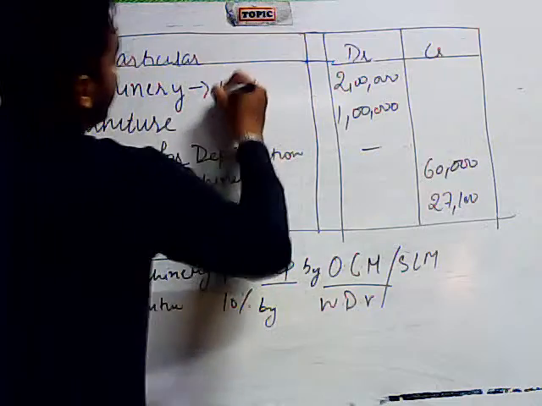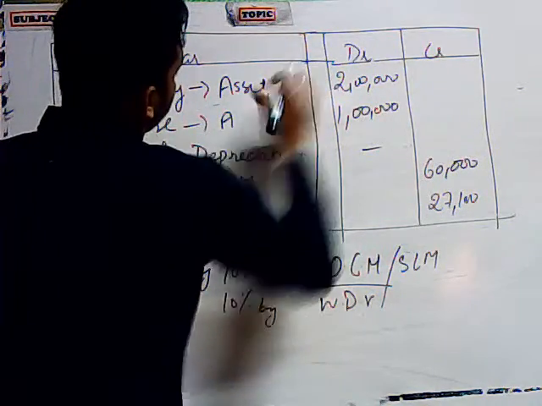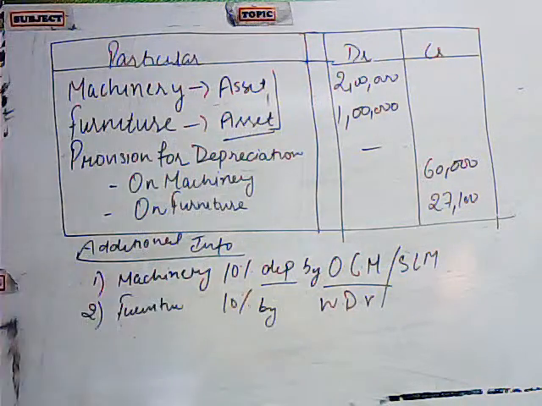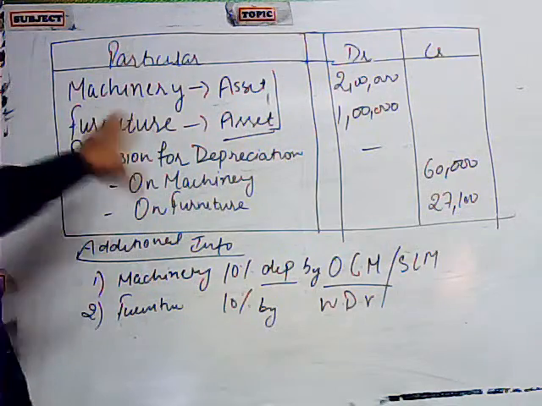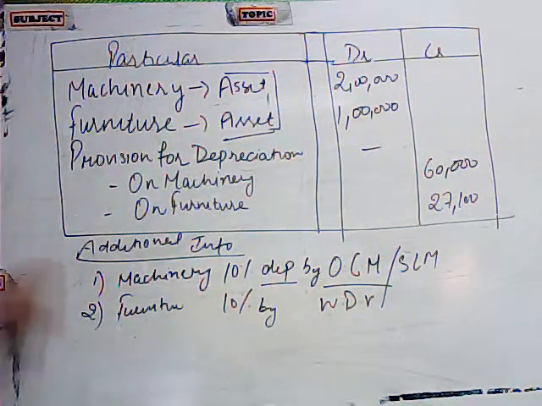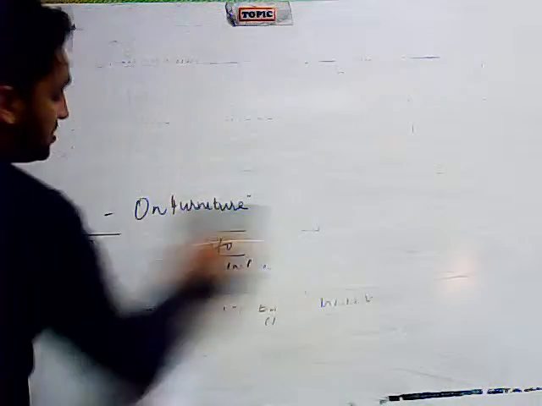We know that furniture is also an asset. So how we have to store the value of machinery and furniture under the balance sheet? Before that, we have to calculate the value of depreciation, and we know that we have to prepare a profit and loss account for calculating the value of depreciation.